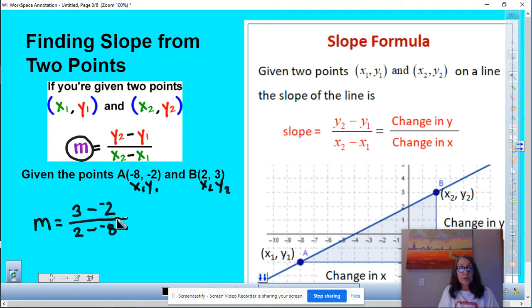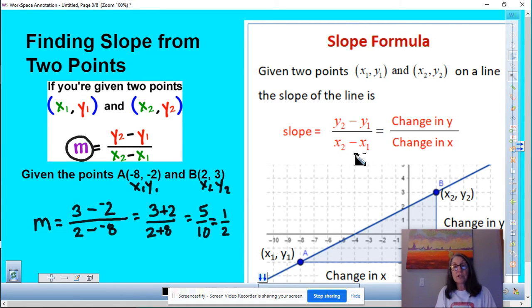So here's our ratio business here. So this negative becomes 3 plus 2 over 2 plus 8, which of course is 5 over 10. We need to reduce that just like we did when we were doing these graphically, and that becomes 1/2. So pause the video here, make a note of the slope formula and what it means.